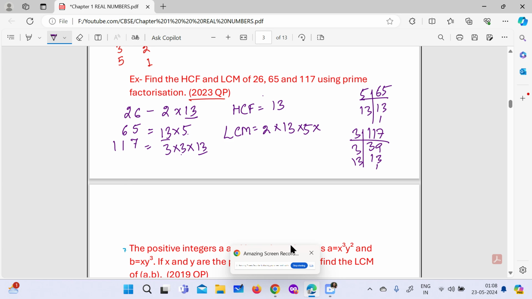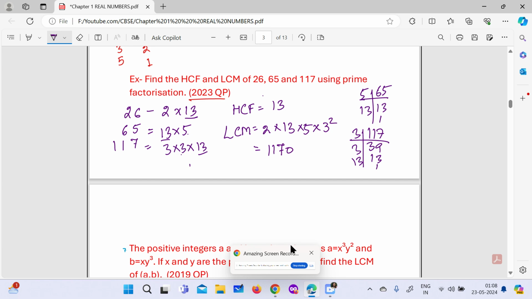So when you multiply this, 2 fives are 10, 10 nines are 90, and 90 times 13 will give you 1170.